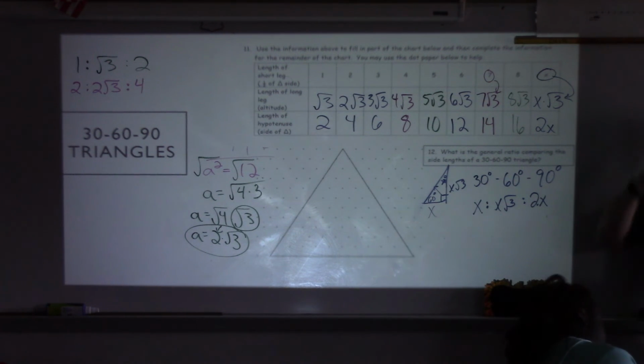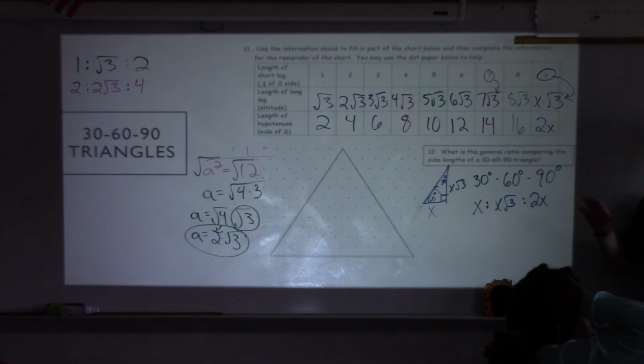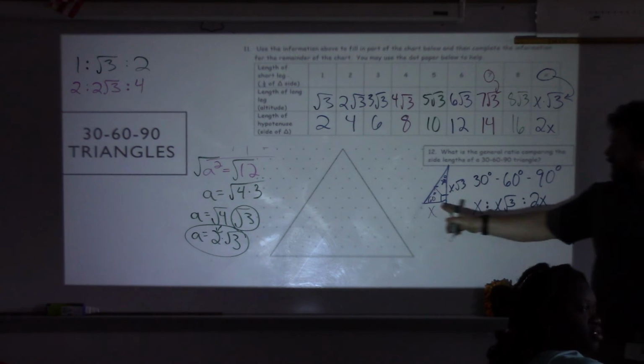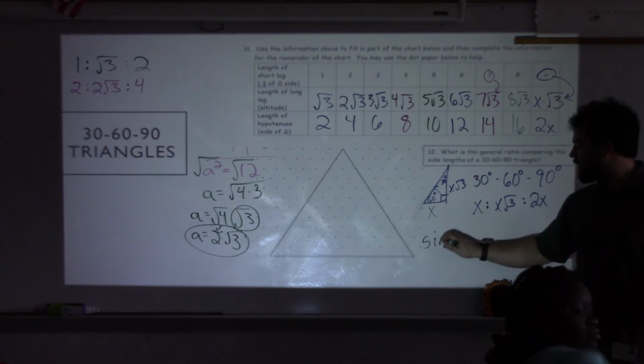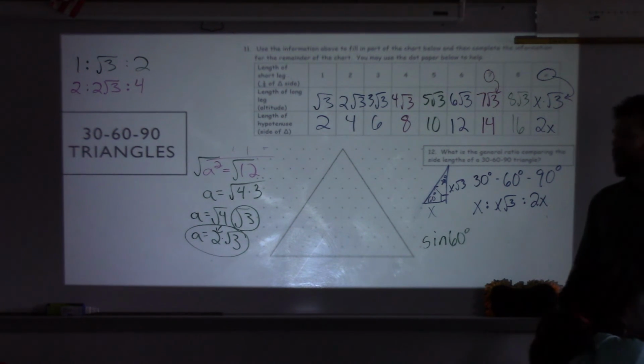We're going to use this to solve triangles. But I also want to point out, we can use this to find trig ratios. Because remember, does it matter how big the triangle is? No, the ratio is always going to be the same. So I want you to notice, here's 60 degrees. If I want the sine of 60 degrees, how do I calculate sine?